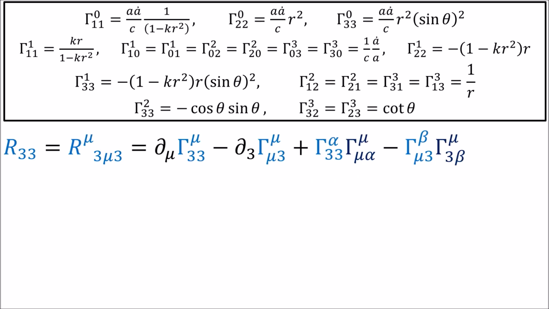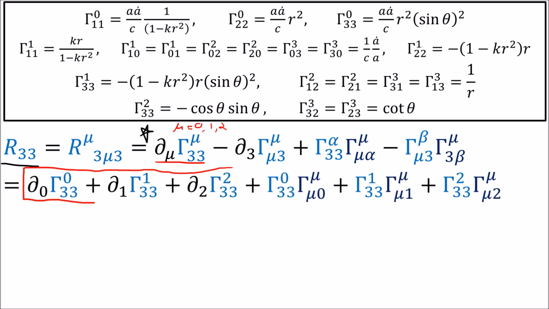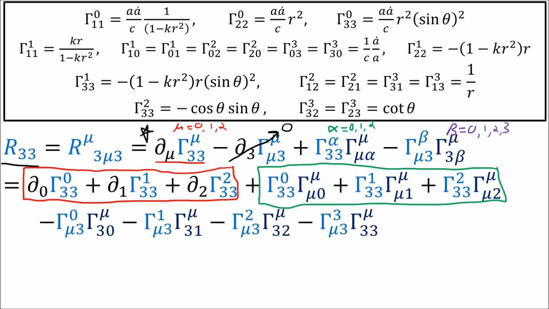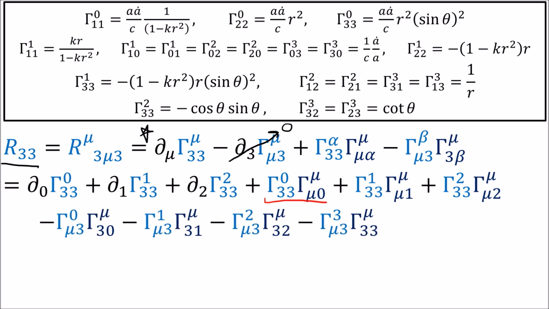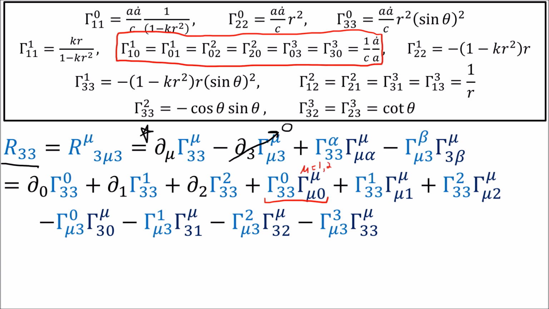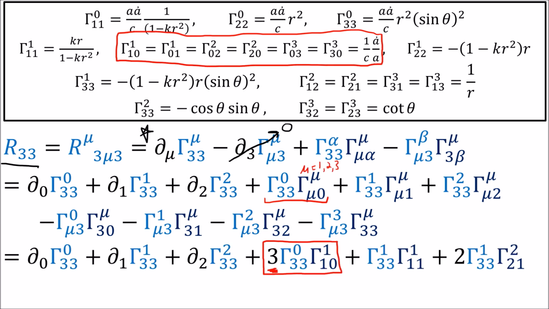R33 is defined here. This mu expands to 0, 1, 2, and this term goes to 0 since none of the terms depend on the third variable phi. Alpha expands to 0, 1, 2, and beta expands to 0, 1, 2, 3. This mu expands to 3 terms that are all the same, so I'll put a 3 in front.